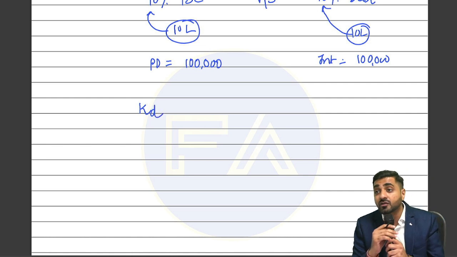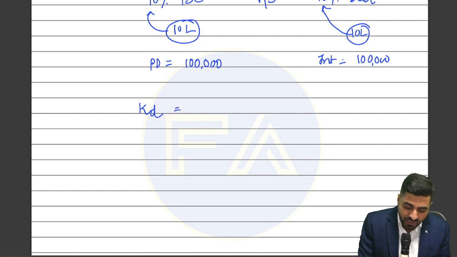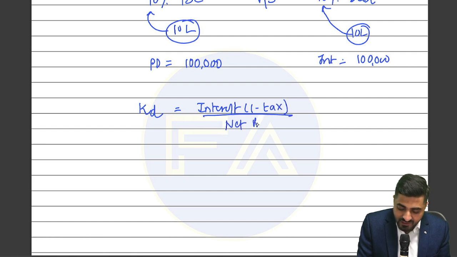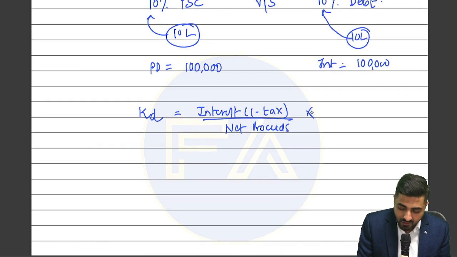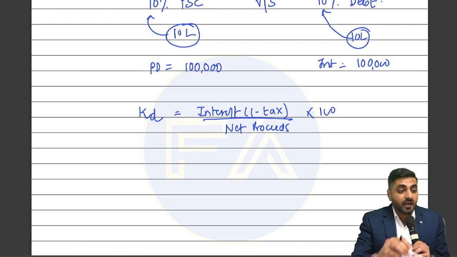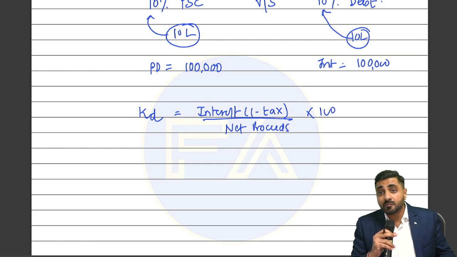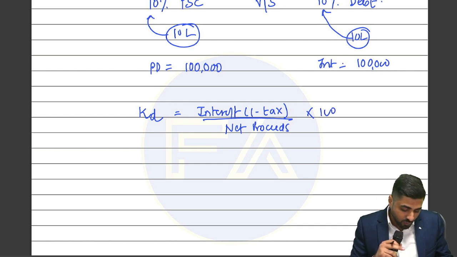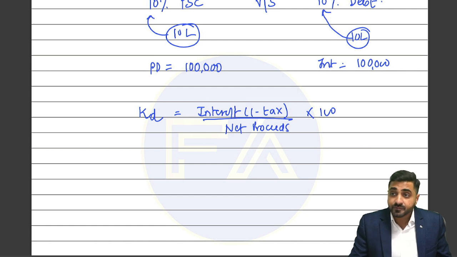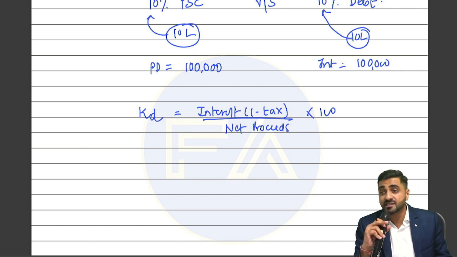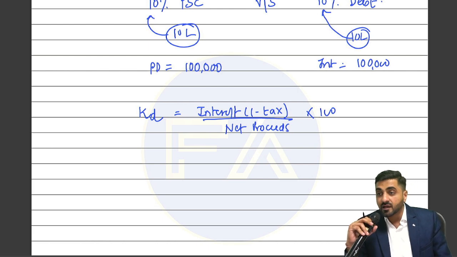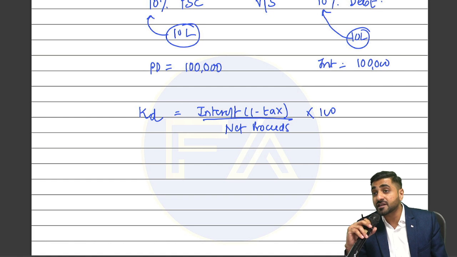We are talking about calculation of KD, and the formula for KD should be interest into 1 minus tax rate upon net proceeds. I will have to consider post tax interest. Now, why do I tell you that we should consider post tax interest?